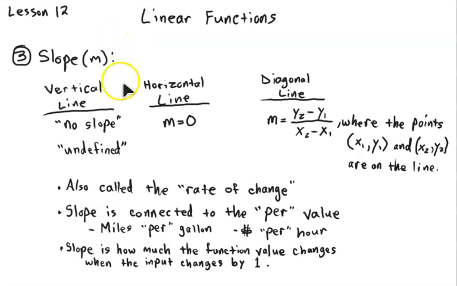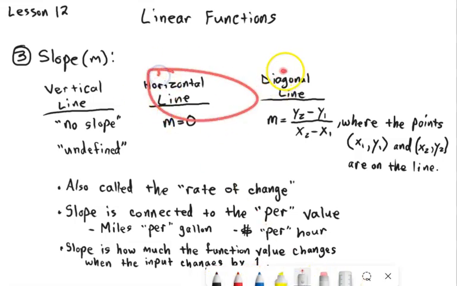Let me explain what slope would be like whether we were dealing with a vertical line or a horizontal line or a diagonal line. Well, a vertical line has no slope. We'll talk about it later.